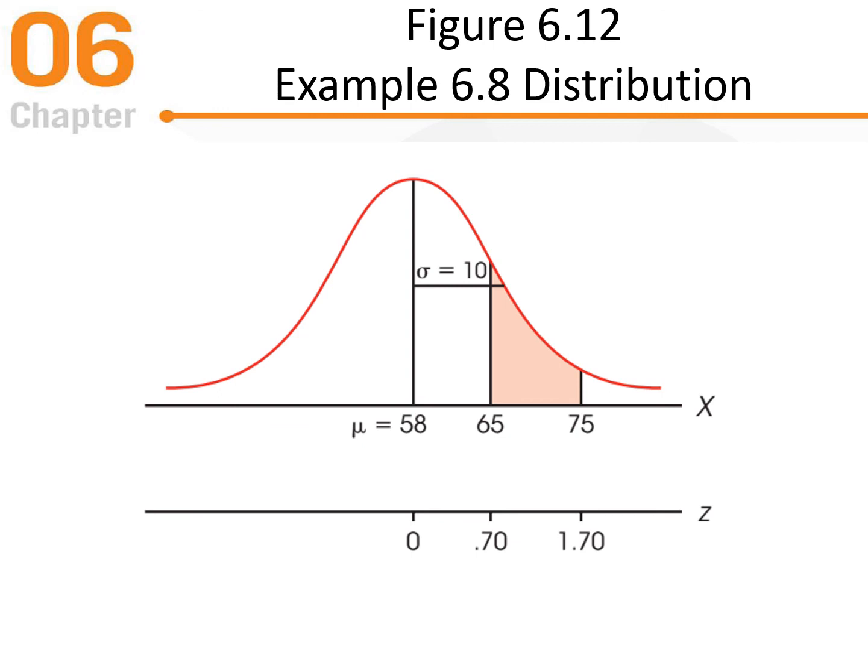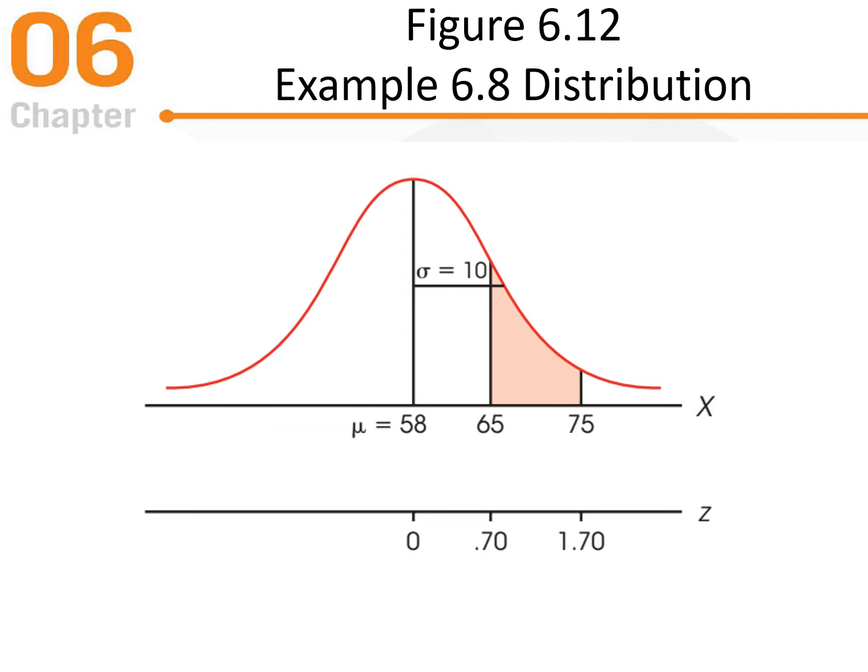Since they're both on the right side of the curve, I could do column D for 1.70 and column D for 0.70, and they overlap, right? The column D for 1.70 is going to be larger than the column D for 0.70. So since they overlap, I subtract biggest minus smallest: column D for 1.70 minus column D for 0.70 gives me the area in between them.